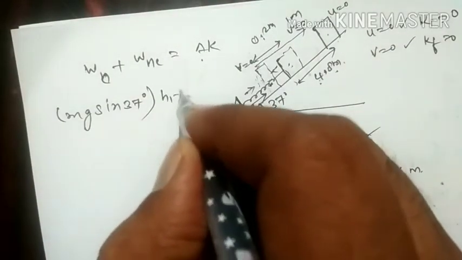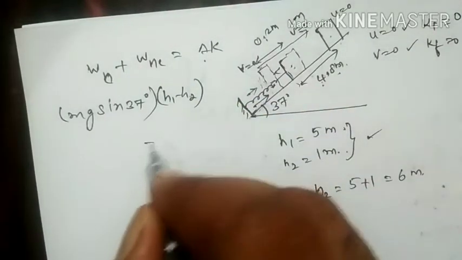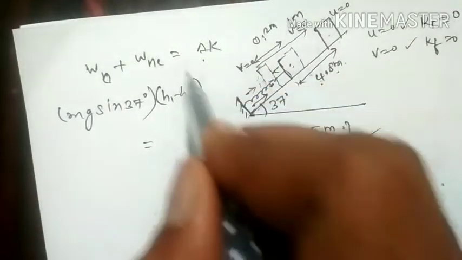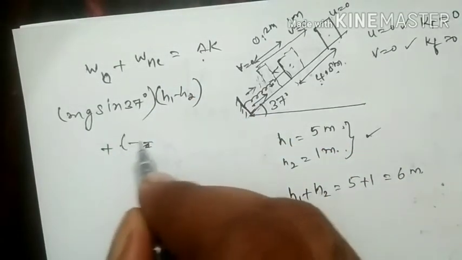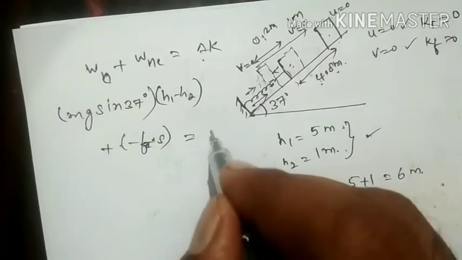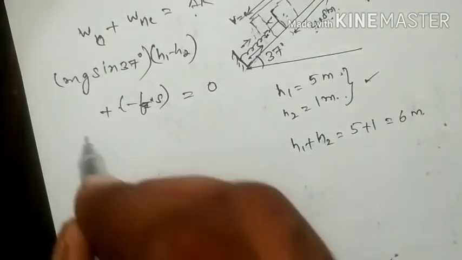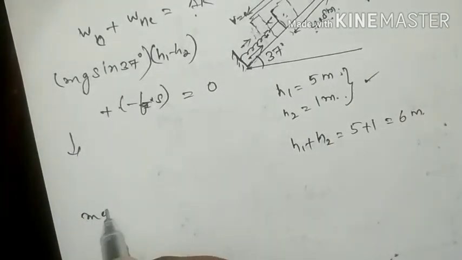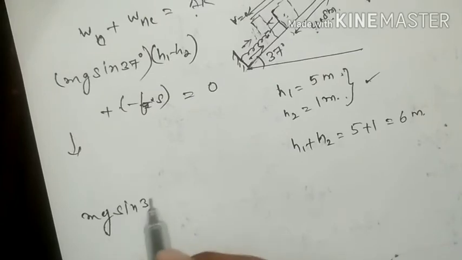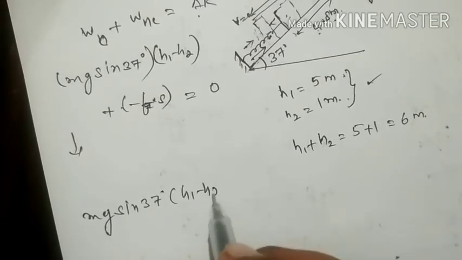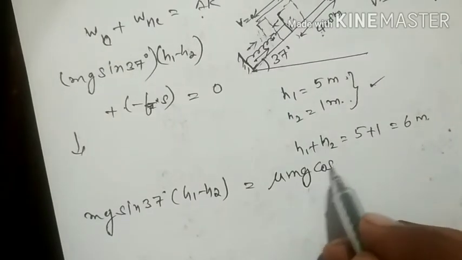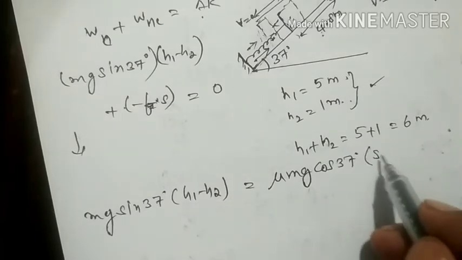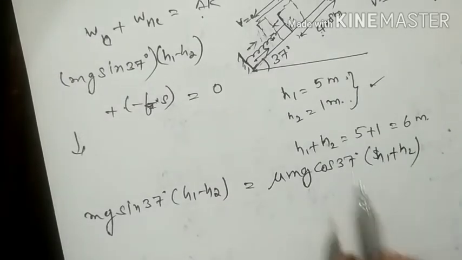Plus the non-conservative force, which is minus frictional force into distance, is equal to 0, because initial and final kinetic energies are 0. So mg sin 37 into h1 minus h2 must be equal to mu mg cos 37 into h1 plus h2.